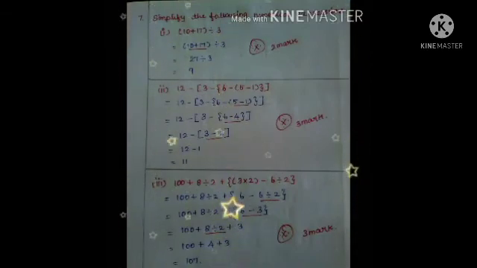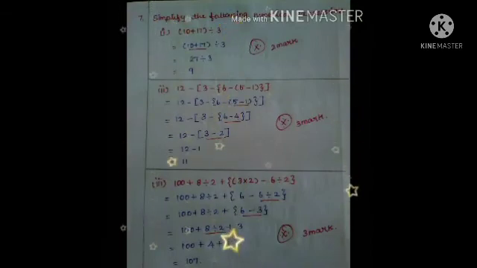I wrote the question: 2 minus bracket 3 minus bracket 6 minus bracket 5 minus 1 close bracket. First we want to complete the 5 minus 1 because it is the innermost bracket.